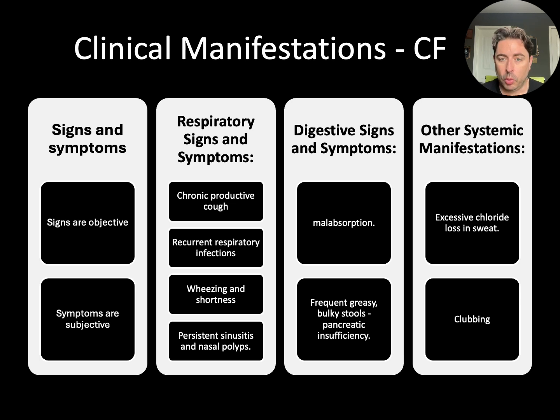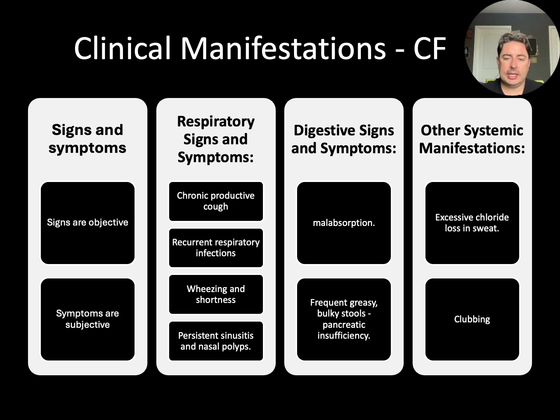They struggle growing, and this is all due to the malabsorption that takes place as a result of having that genetic mutation. The other thing is these patients typically have frequent greasy, bulky stools that are from an insufficient pancreas. So their pancreas not working the way that it's supposed to. So they have another kind of telltale sign when it comes to clinical manifestations.